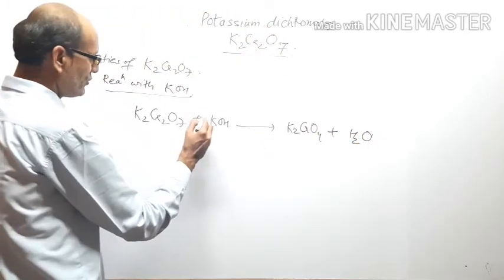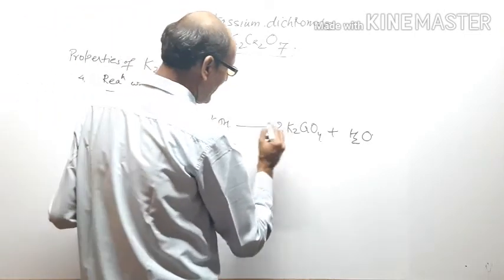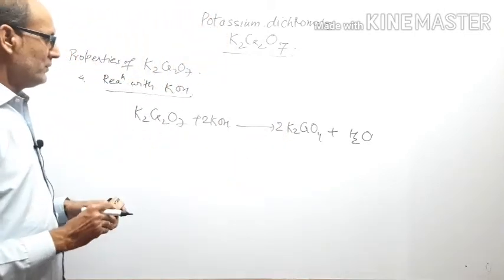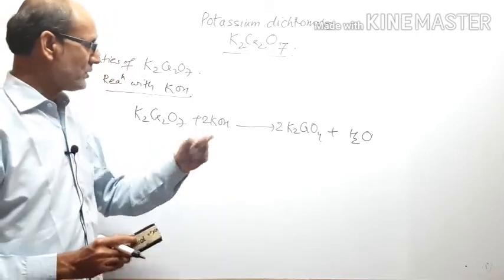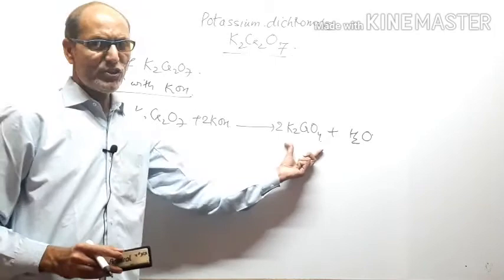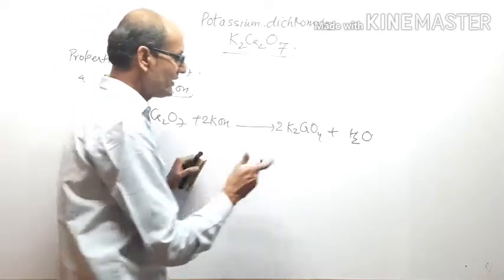Here we have to use 2 and 2 K2CrO4. In this way, you will get again potassium chromate, which is yellow in color.